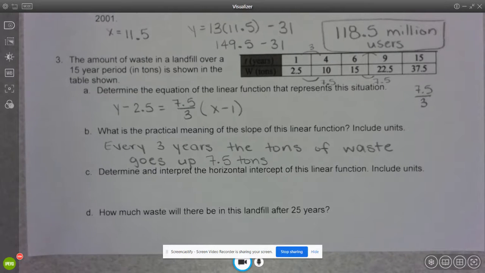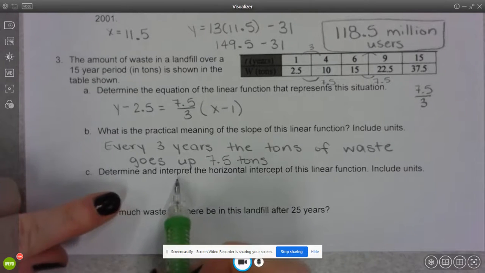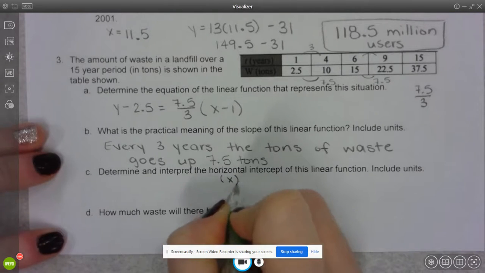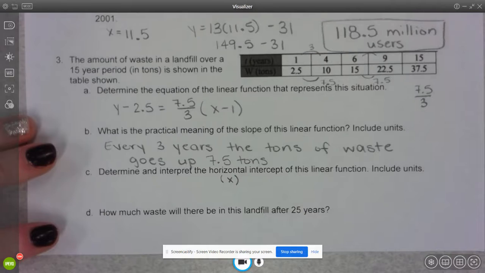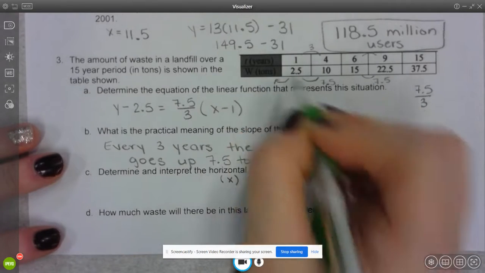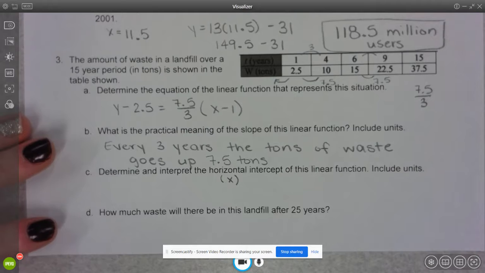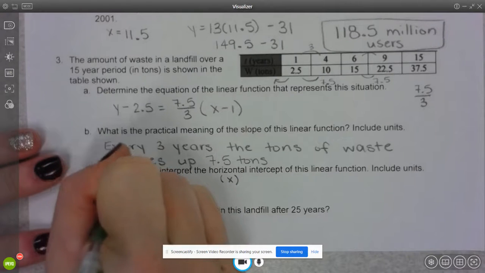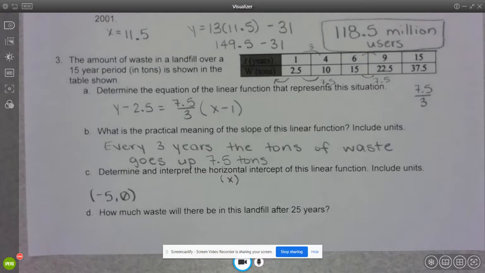And now it's asking us to determine and interpret the horizontal intercept. This would be x. And we're going to include units. So I'm going to work backwards, and I'm going to subtract 7.5 from 2.5, which is going to give me -5, 0.